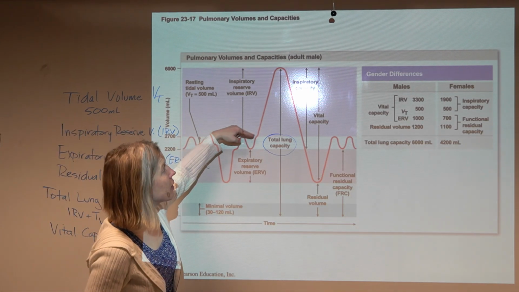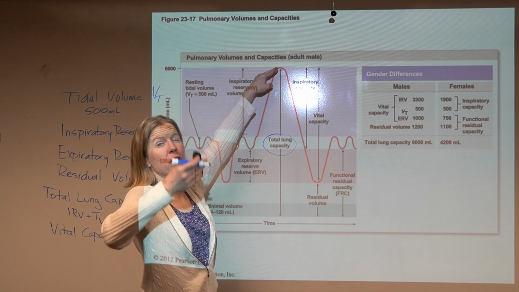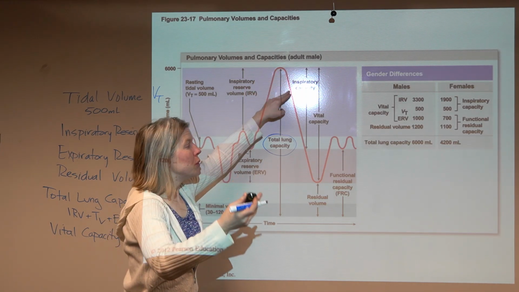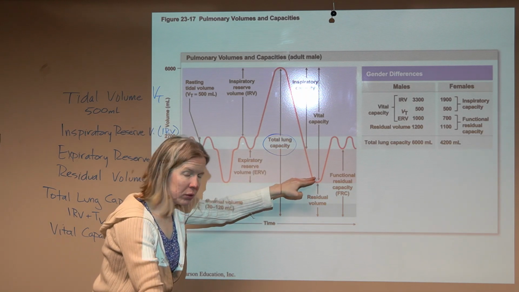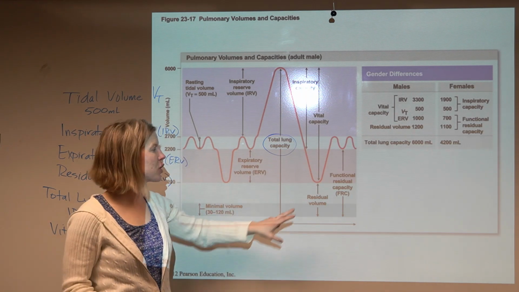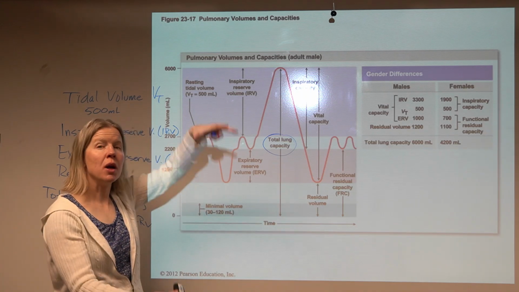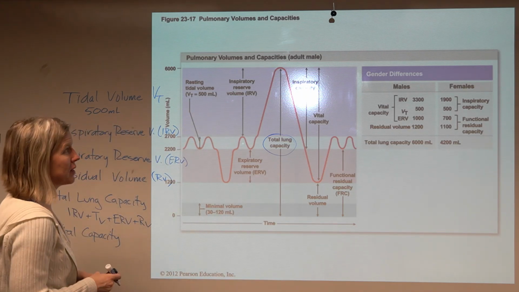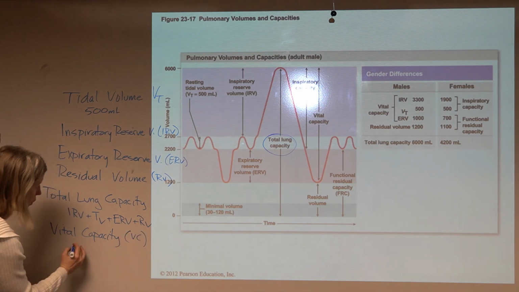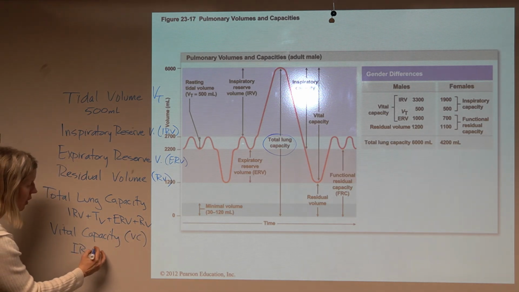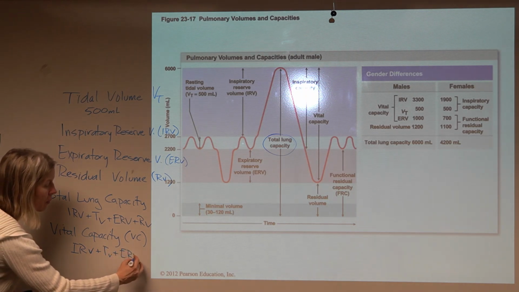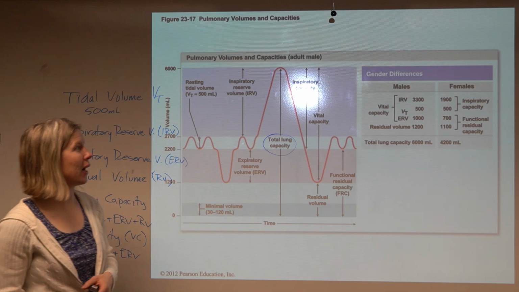It's basically from the point where you've inhaled as much as possible to where you've exhaled as much as possible. So we ignore the residual volume, but it's the amount of lung that we're basically able to use. Vital capacity then would be IRV plus TV plus ERV. But again, it's the amount of air you can actually move.